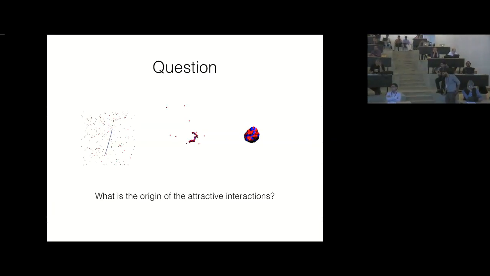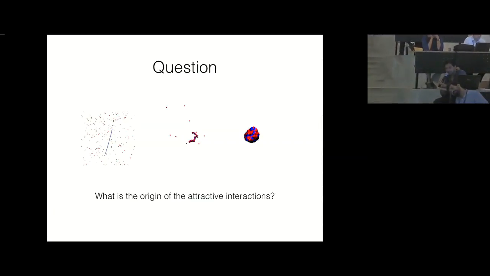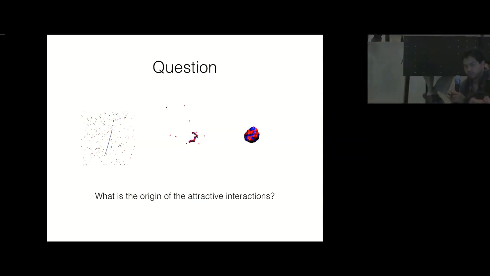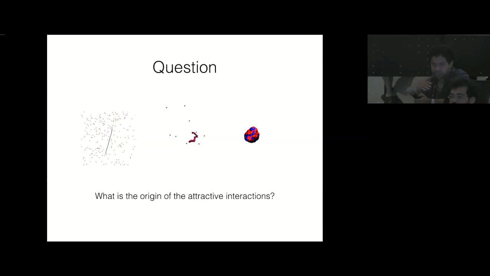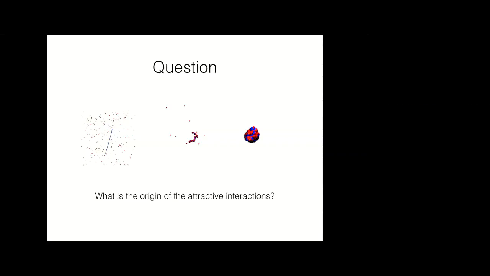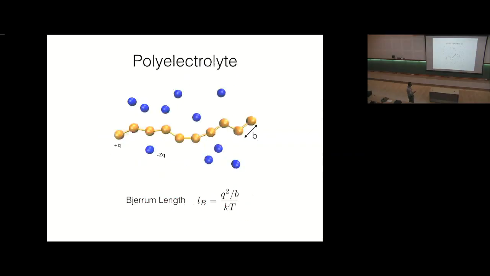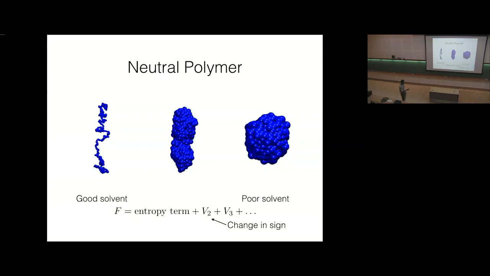No, this is salt-free. Yes. No, of course, we can think of it from that, yeah. Oh, no, since we are having only repulsive interactions, if I look at the Flory theory for a neutral polymer, you can truncate at V2 and get the right answer because V3 is not relevant for that.